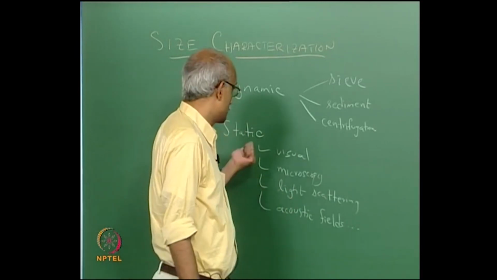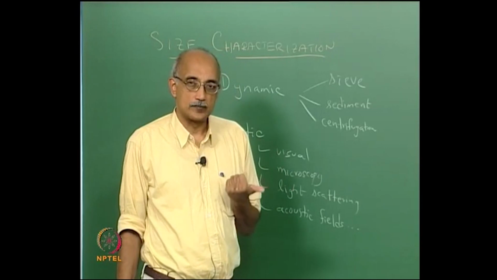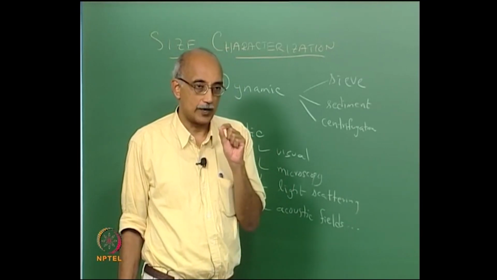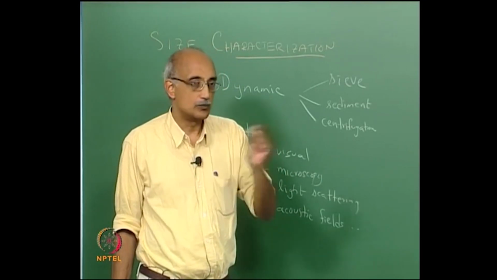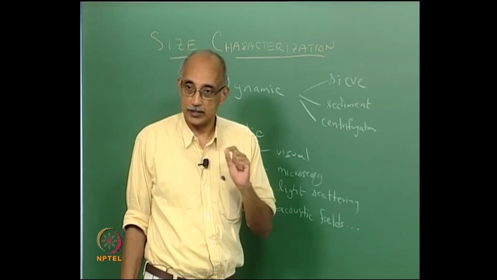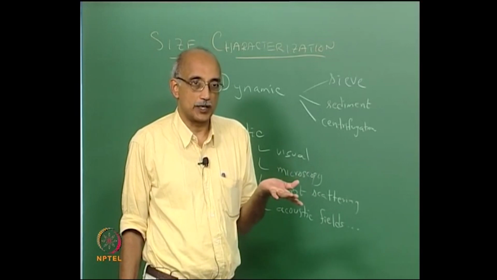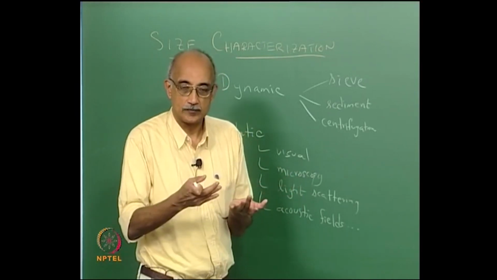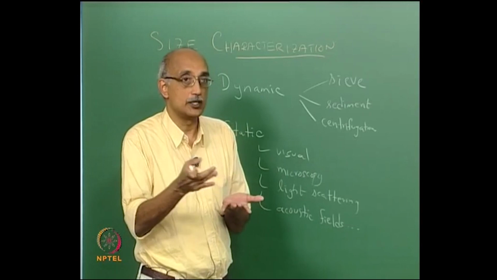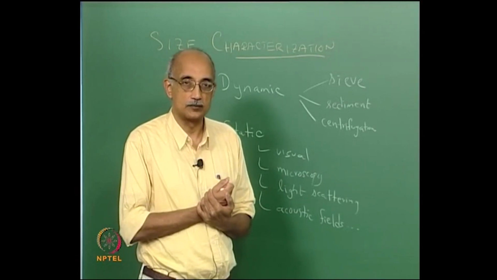Now, that is not so easy to do, because especially as particles get finer and finer, they want to keep moving. Their diffusional velocities are very high. So if you talk about a nanometer size particle, it is never sitting in one place. I mean, even within a second, it could have moved millimeters depending on the size of the particle.